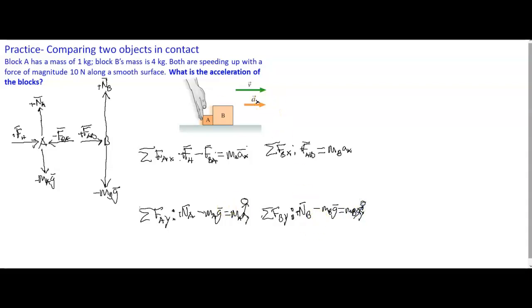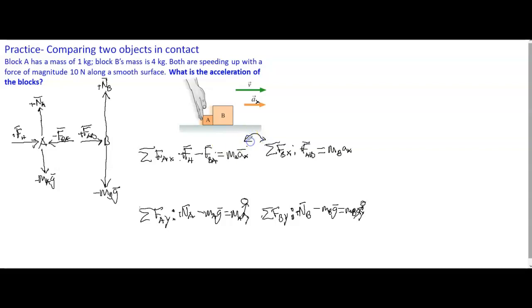All right. Much like the last problem, the sum of forces in the y direction isn't going to be helpful. Since we don't have any friction working on this, we're really only going to be working with the x direction equations, right?